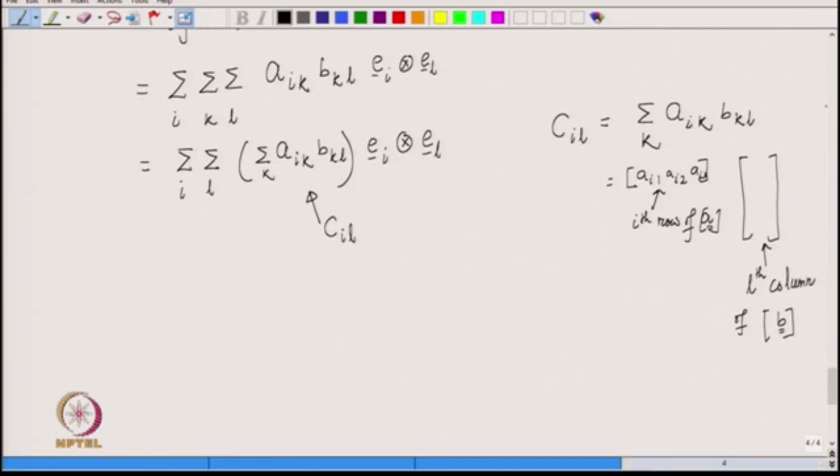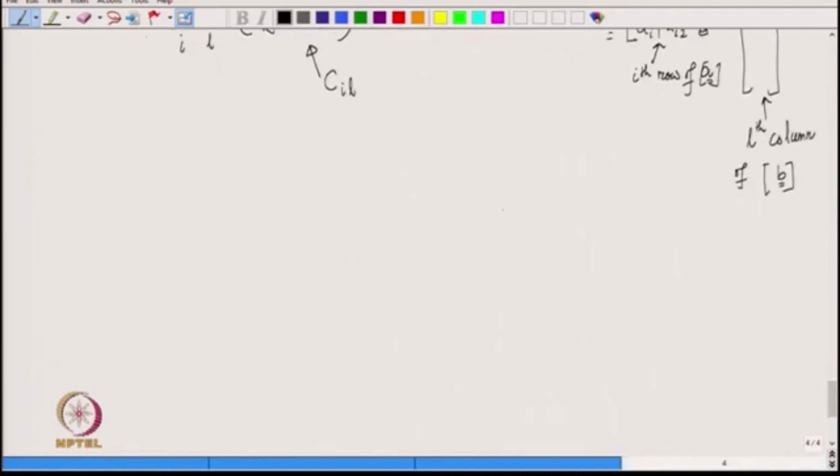To get C_il, you take the ith row of A, multiply with the lth column of B. So, to get the full matrix C, you then simply have to do A matrix into B matrix. So, this implies that your C matrix is simply the A matrix times the B matrix, a very simple formula finally.